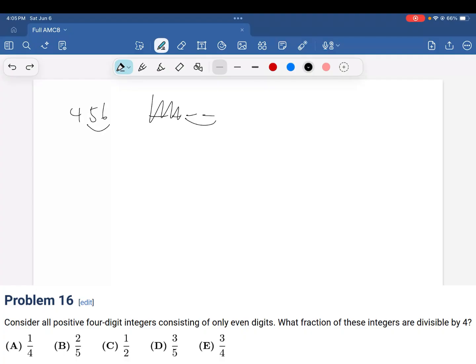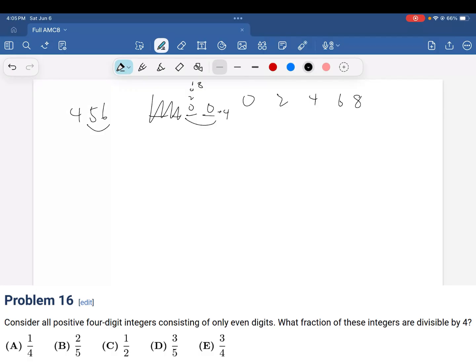So let's try some digits. I'm just going to list 0, 2, 4, 6, 8 as the 5 digits we can use. If this is 0, then it turns out 0, 2, 4, 6, 8, they all work as digits. And adding 4 to this final digit also doesn't change whether it's divisible by 4 or not.